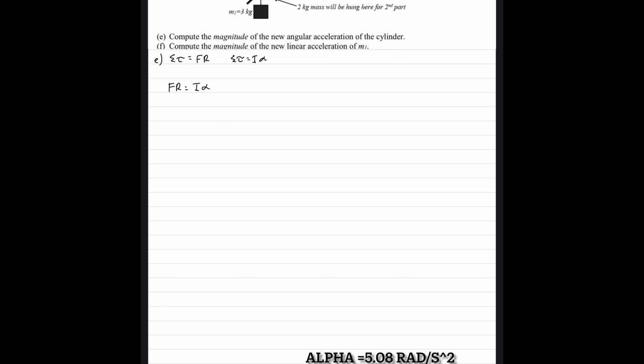And then, so T1 for block 1, and then distance of capital R away, minus the clockwise, which is T2. Okay, I'll treat the 2 kilogram as T2, and then lowercase r is equal to just the inertia of the solid cylinder, because the rod has negligible mass. So 1/2 MR squared. Then alpha, what we're trying to find.